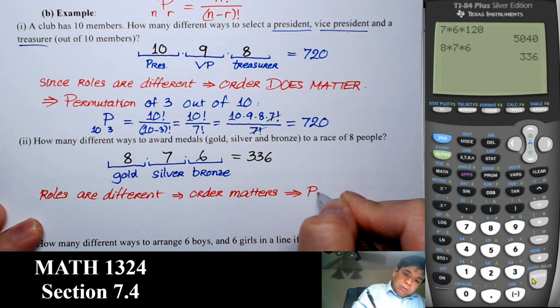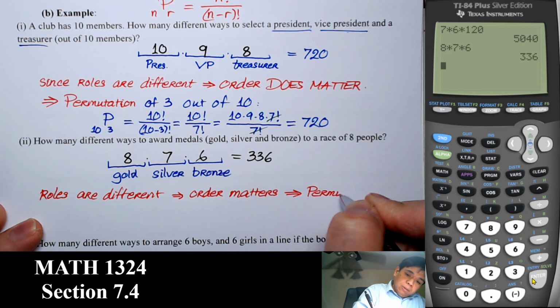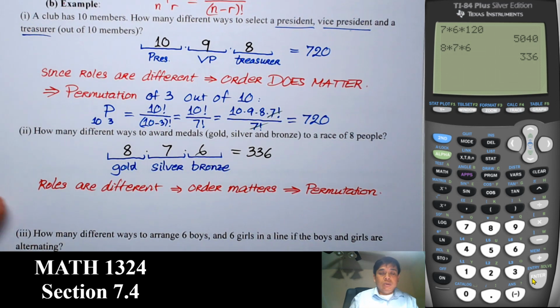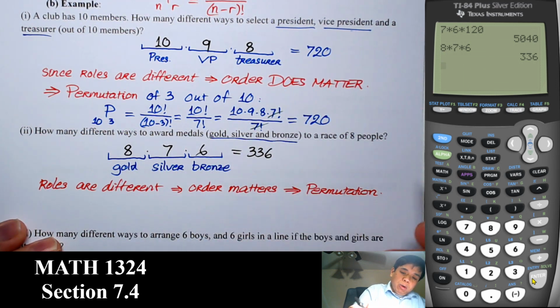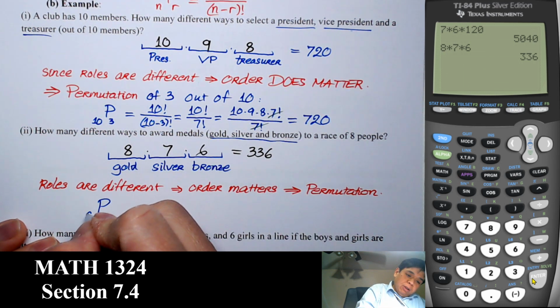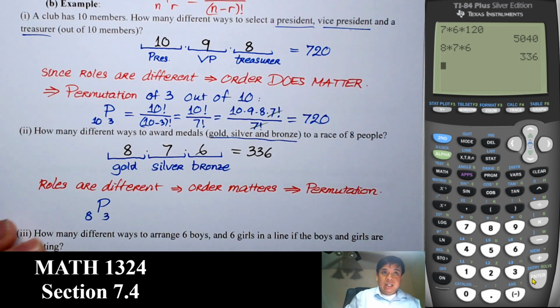Permutation. And of course we have 3, so permutation of 3 out of 8.